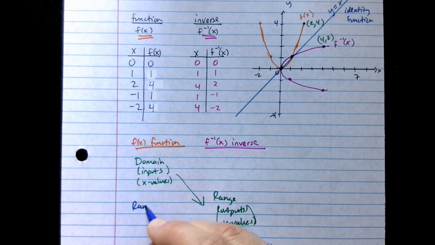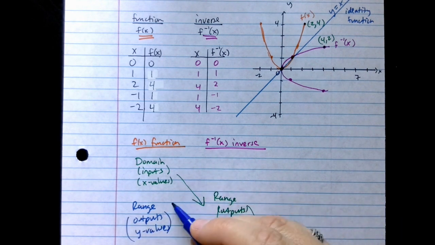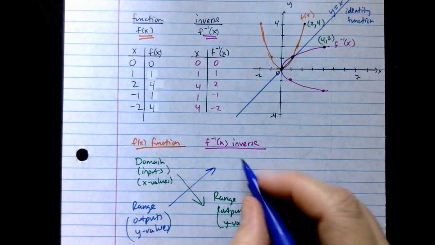The range, or outputs, or y values will become the domain on my inverse.